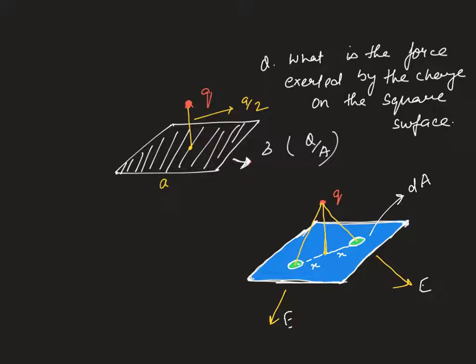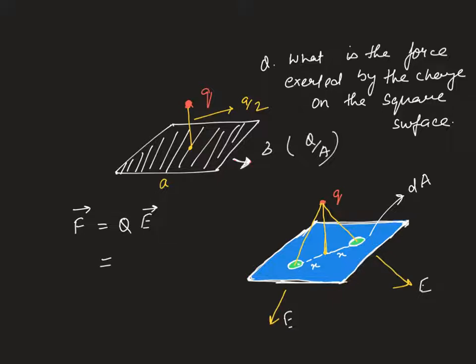You must know what force is. Force, by definition, is q into field. We are considering the field due to the charge q. I remove this q and I say that force is q into E. So this is the formula.